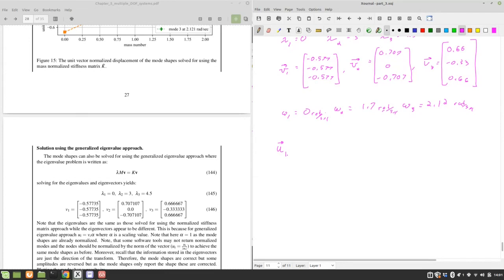So remember when we had U1 is equal to U1 alpha. What information is stored in our mode shape? The direction, right? So the alpha doesn't change the information, it just scales it. So in a way, you could say that our mode shape is our eigenvector. Oh, wait, maybe I had it as V. It doesn't matter, right? If you set alpha to 1, you could use these eigenvectors.